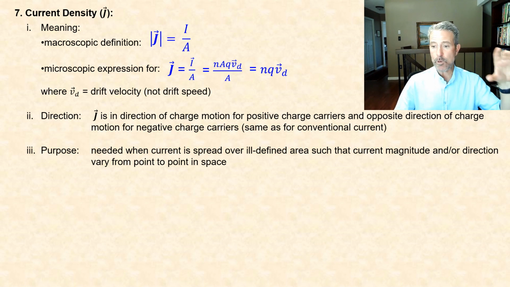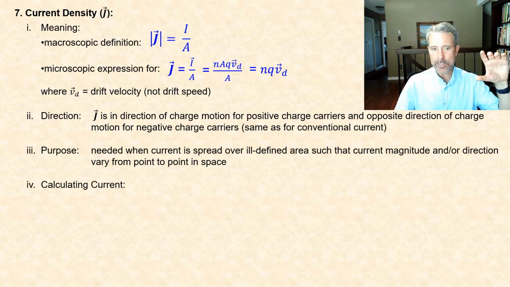So typically when we look at the current in a wire, we're assuming that the amount of charge passing a given cross-section of that wire per unit time is the same at all points along that cross-section. But what if that were not the case?